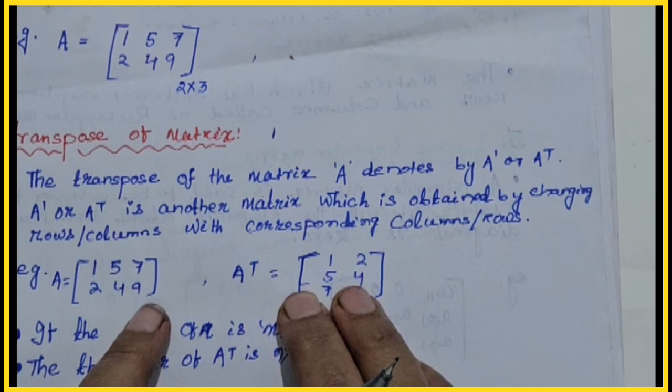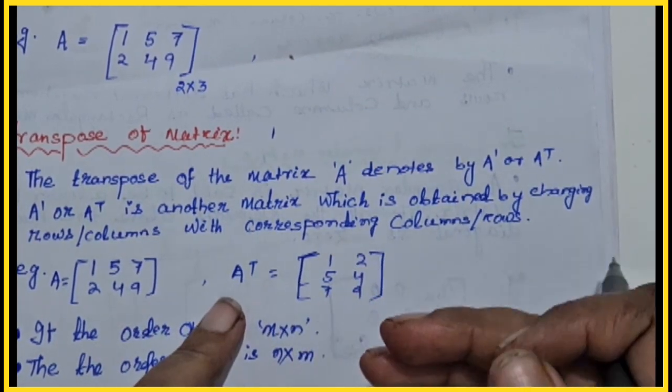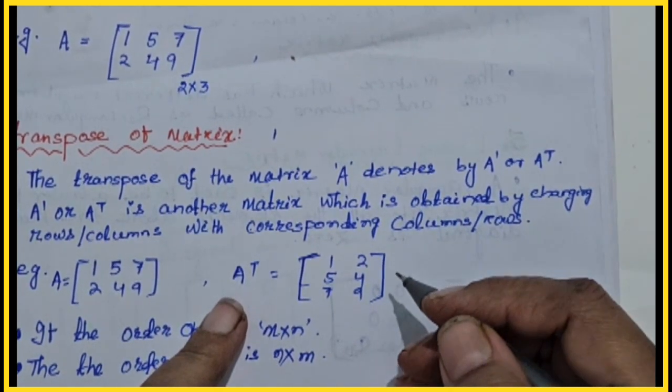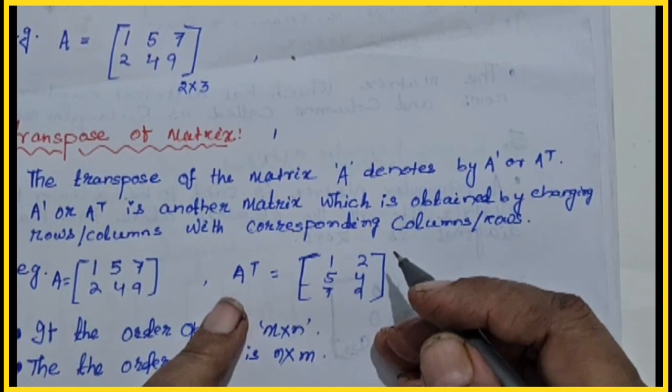This is a 2x3 matrix. Its transpose will be a 3x2 matrix, reversed.